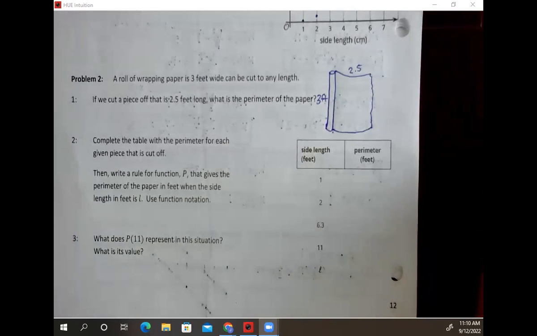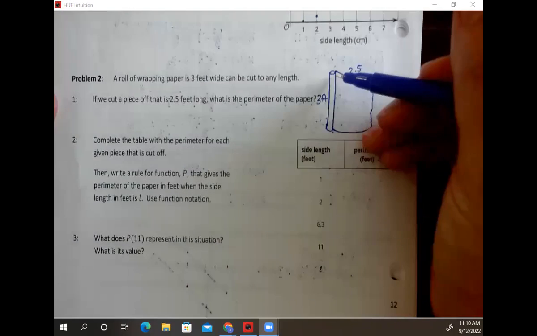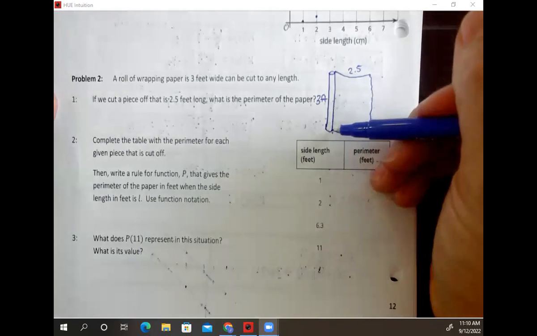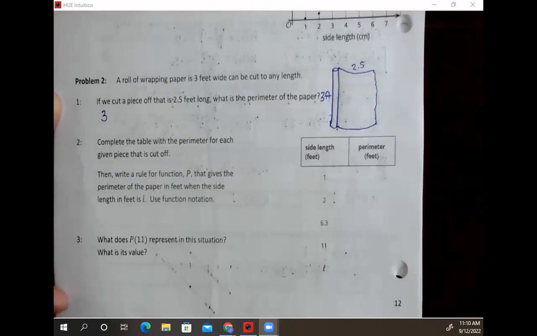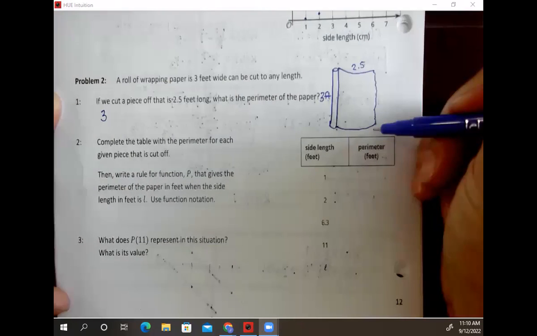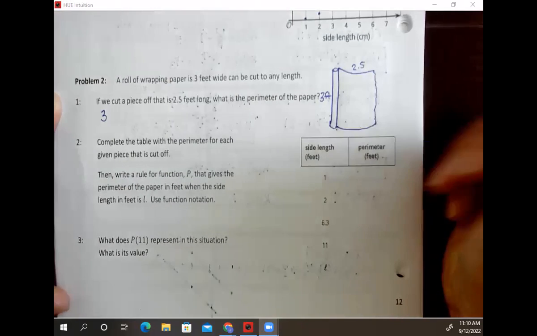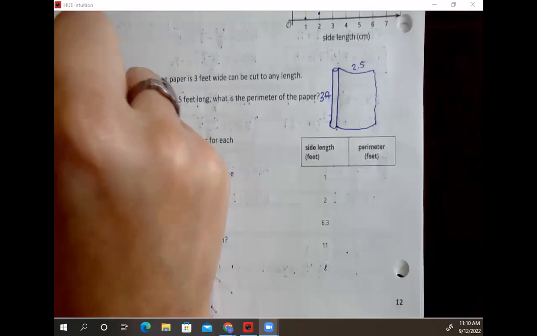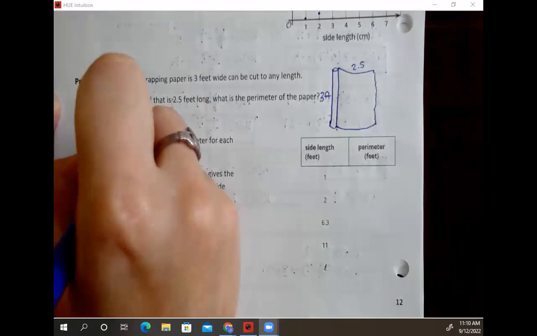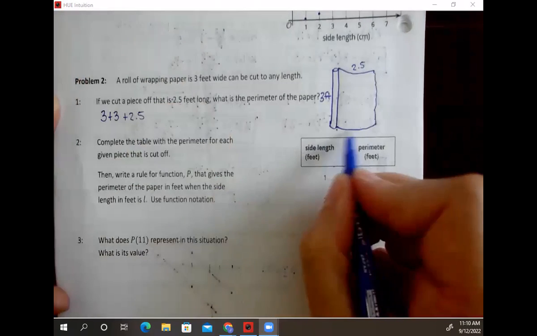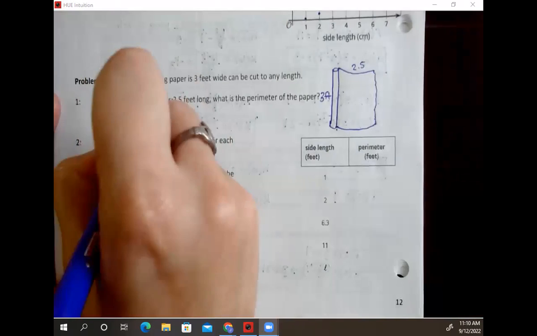I add up all the side lengths, right? So this edge that I'm going to cut off the tube, that's going to be 3 feet, because my tube is 3 feet. This edge where I cut last time is also 3 feet. And then my top edge here is 2.5, and my bottom edge will be the same.